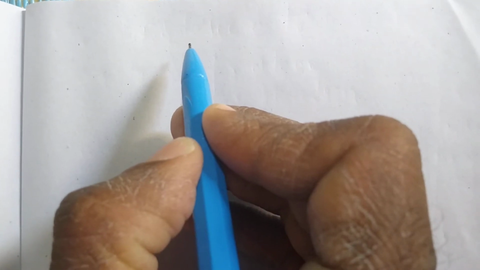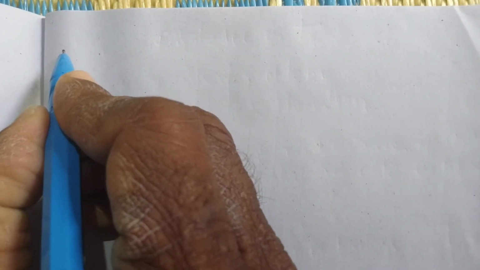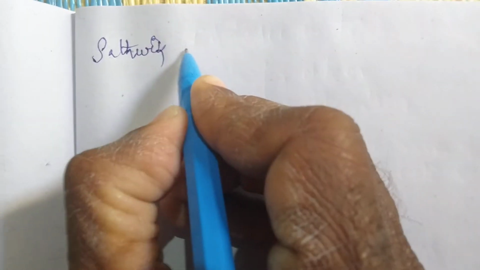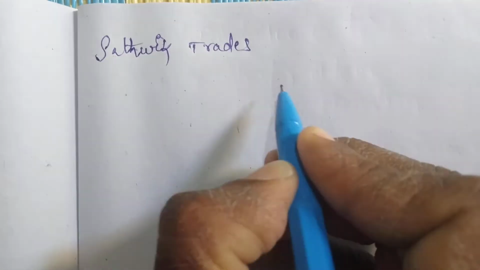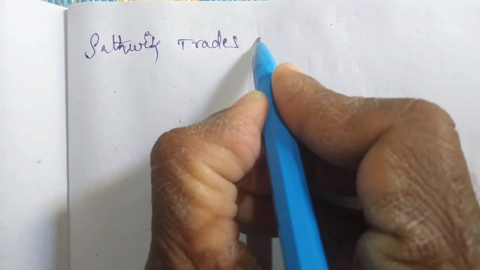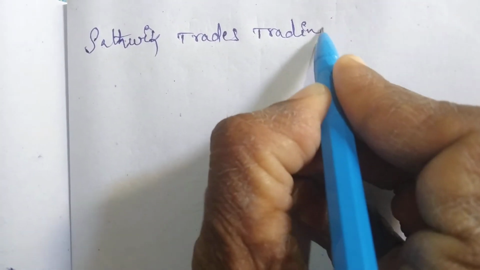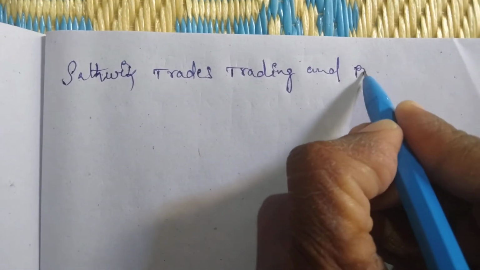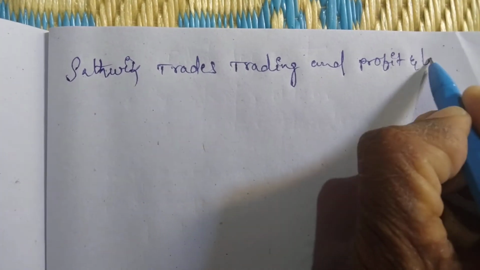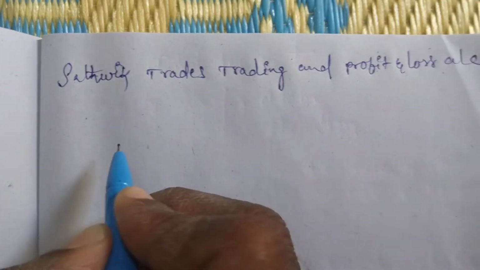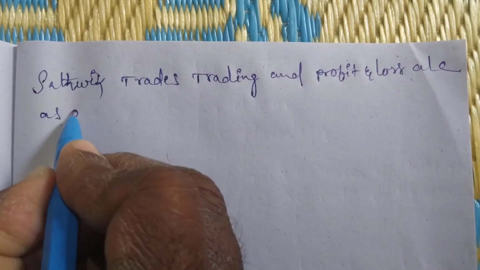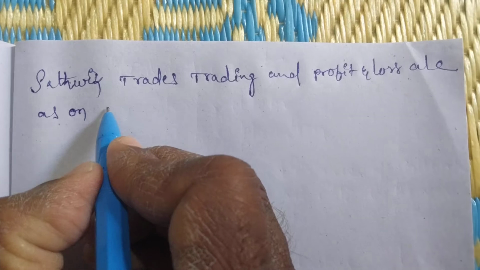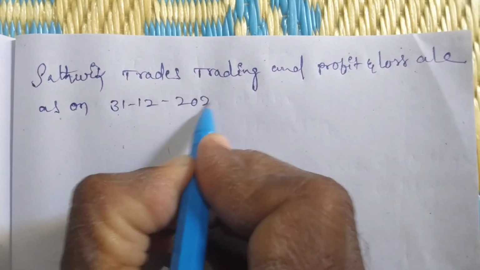First of all, put the title for the trading and profit and loss account: Sattvic Traders, Trading and Profit and Loss Account as on 31st December 2020.